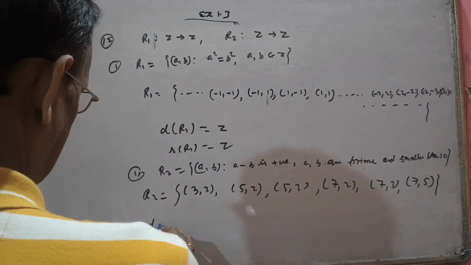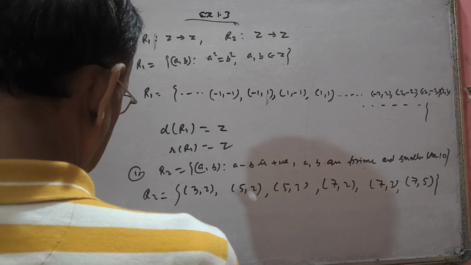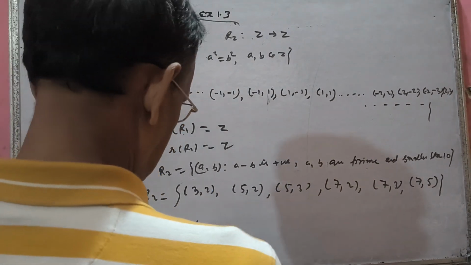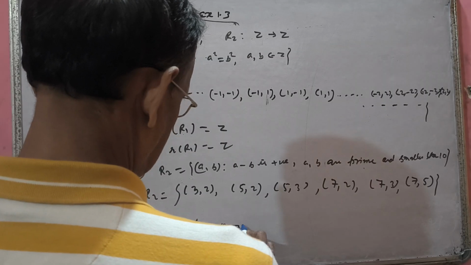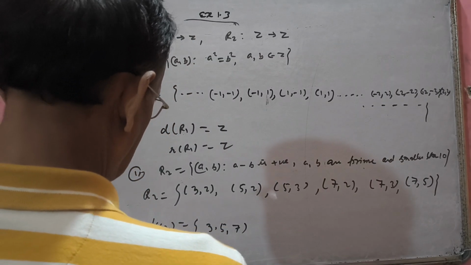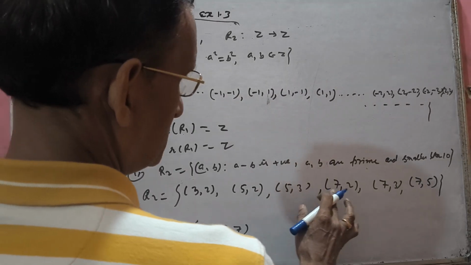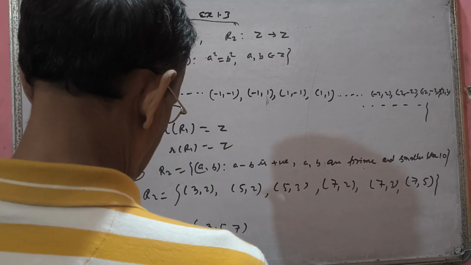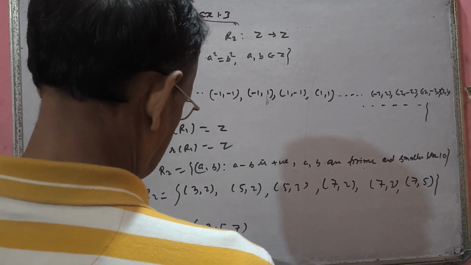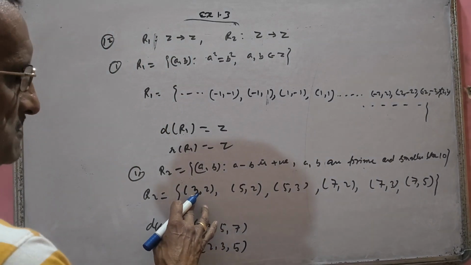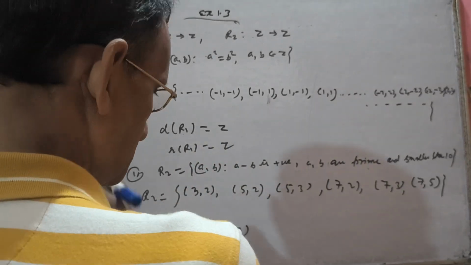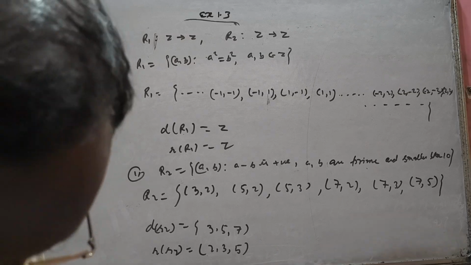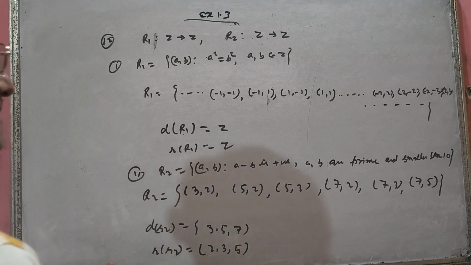Then the domain of R2, how much do we get? 3, 5, 7. Then the range of R2, how much do we get? 2, 3, 5. Domain is the first component of the order pair, then range is the second component. Understood? So it is easy. Number 12 we have done.